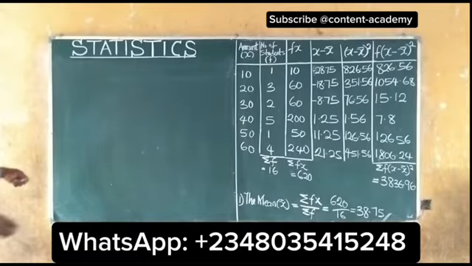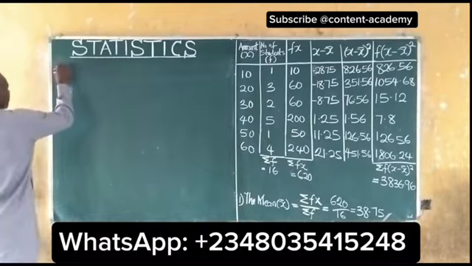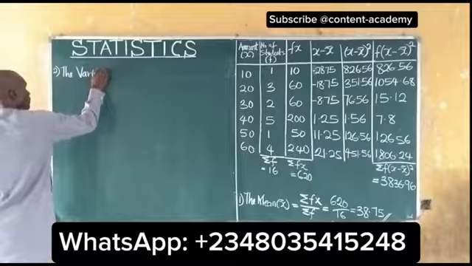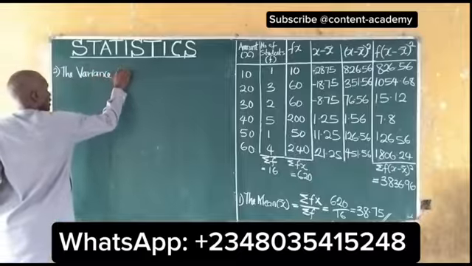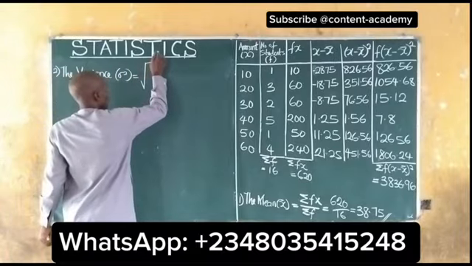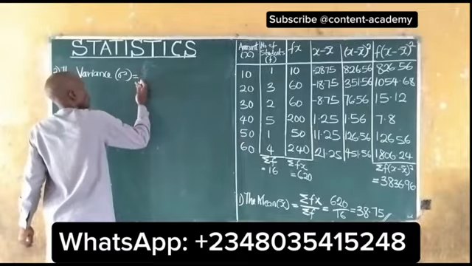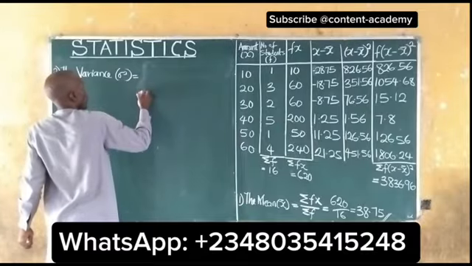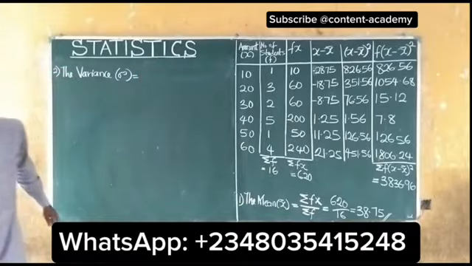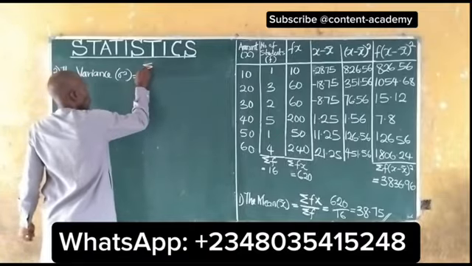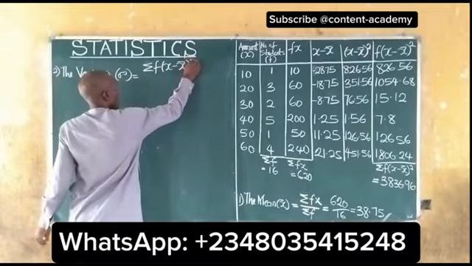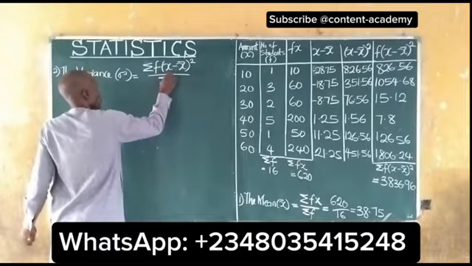Now, number 2, the variance, which is denoted as this, is equal to, we wrote it down, summation of f of x minus x bar squared all over summation of f.